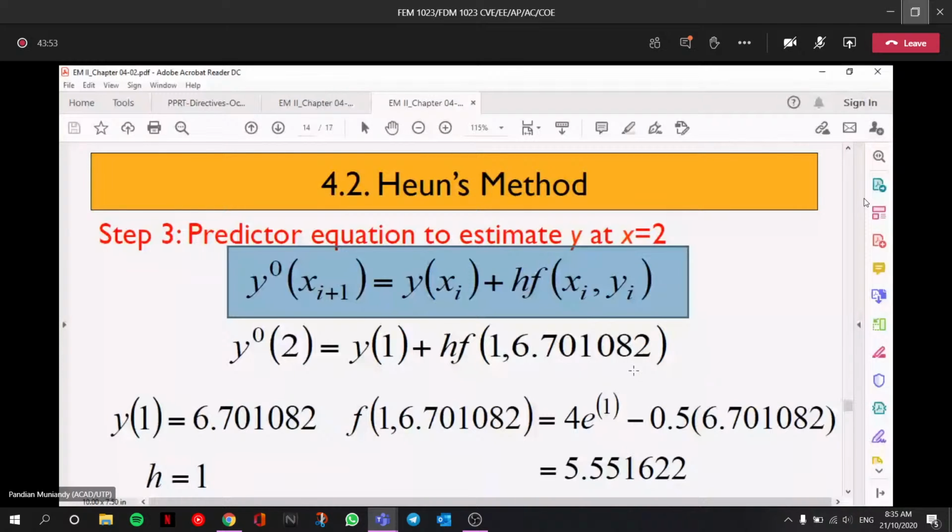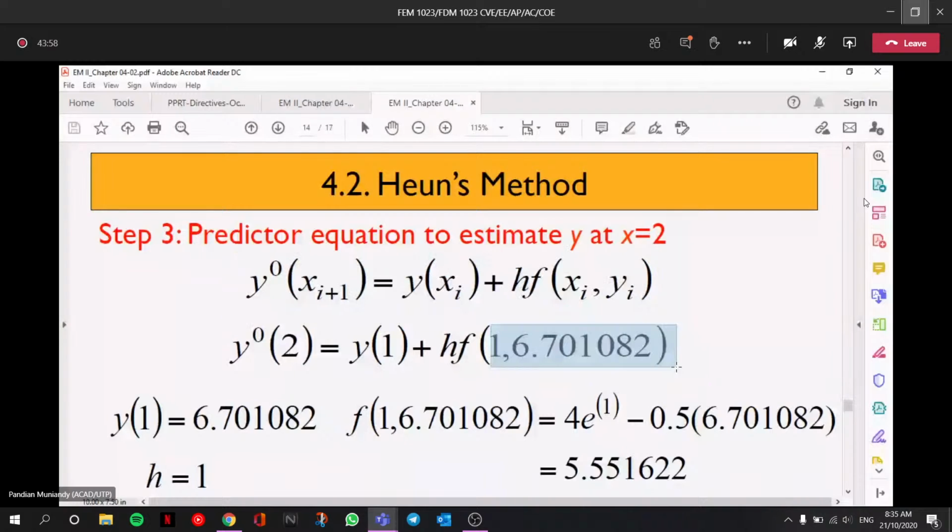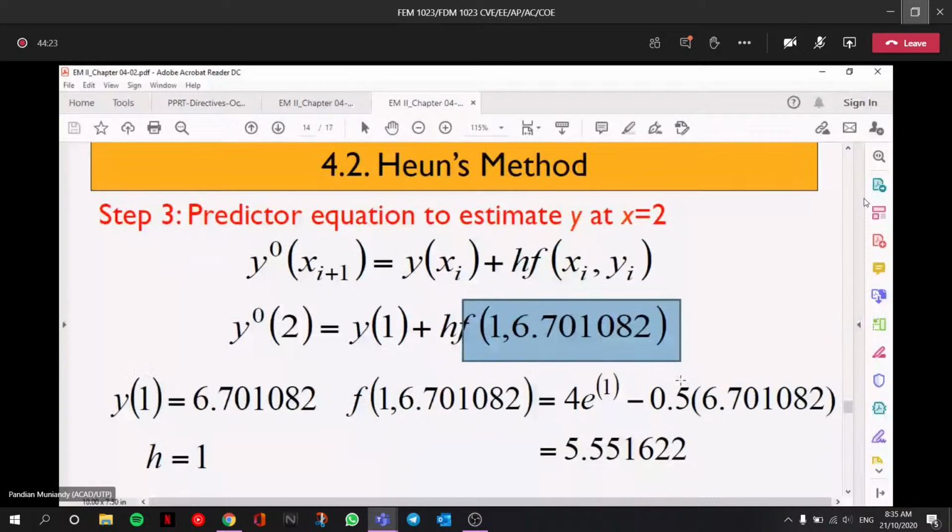You are using the next x. This is x1. Using x1, you are finding the output for x2. That is the meaning. But this is the output you get from here. When x1, your y is 6.701082. But this one is not calculated yet, because this is the one we have to calculate using this formula.